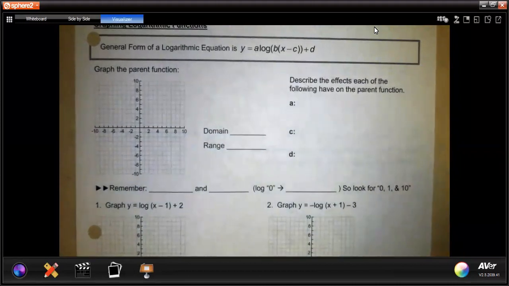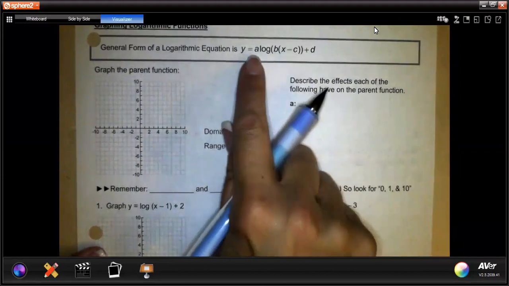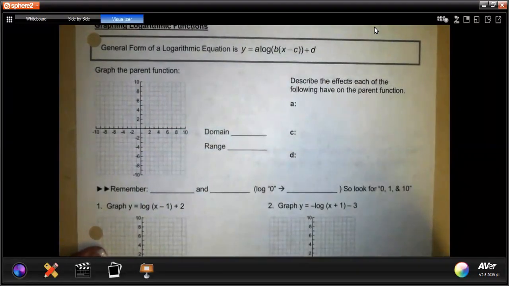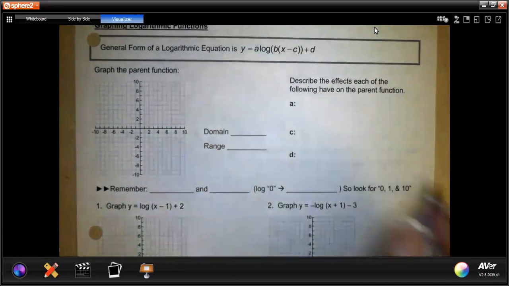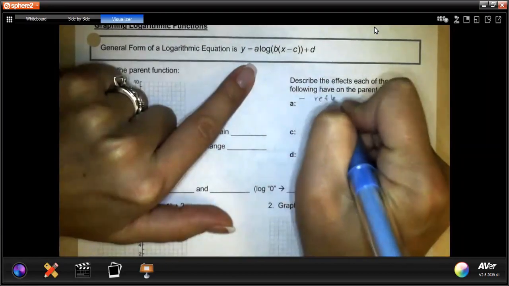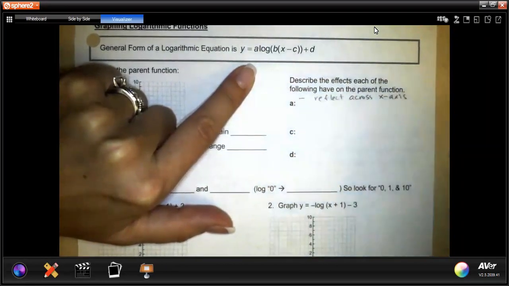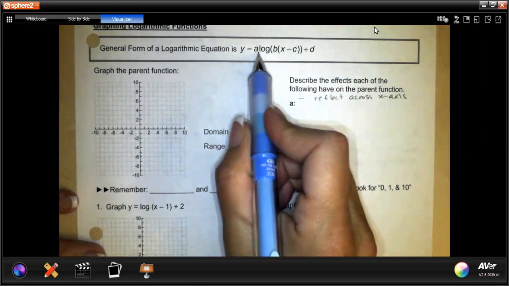Just a quick review on what the effects are for a, b, c, and d, and we will focus mostly on a, c, and d. Those are the biggest ones used for exponentials and logs. We will not use that b as much. The only thing we'll use it for is that negative there. So with the a, when it is negative, it is a reflection across the x-axis. If the negative is out here where that a value is, then that is a reflection across the x-axis.